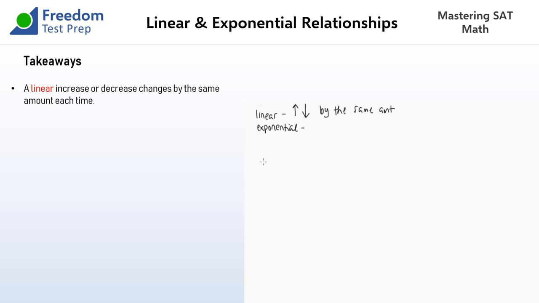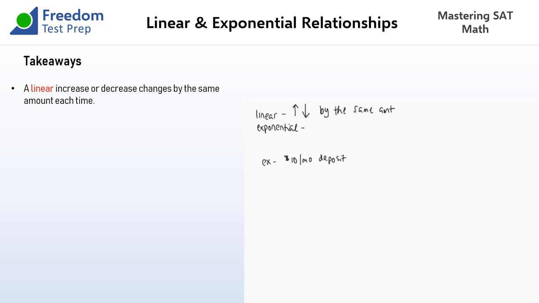So an example would be if we start a bank account and every month we put in $10. Okay, that is a linear relationship, and the balance in the account would be increasing linearly.